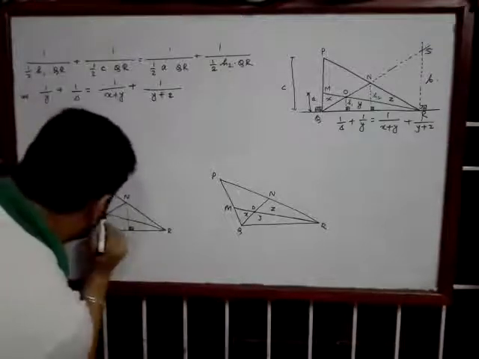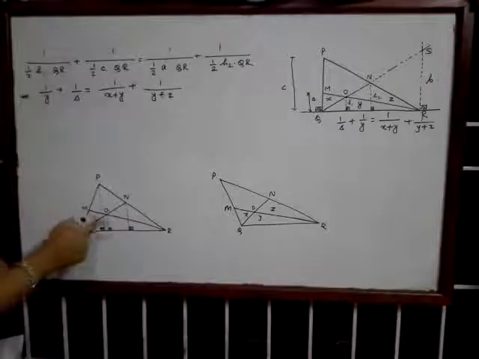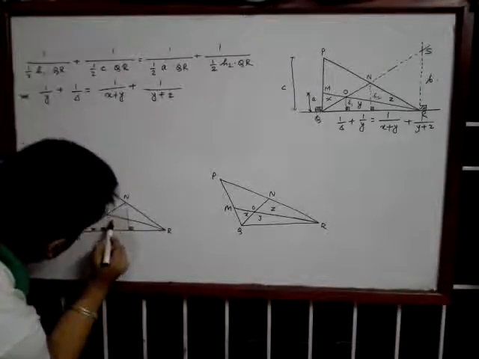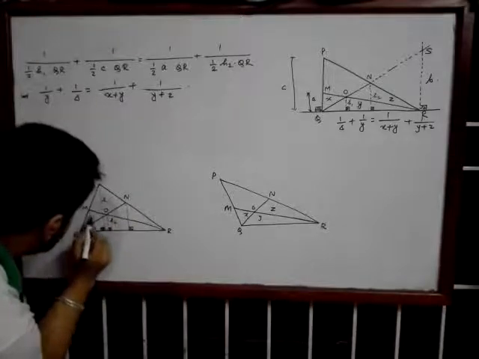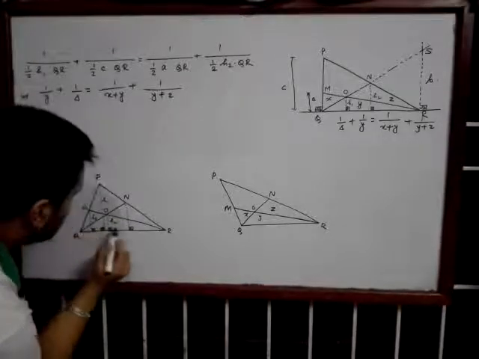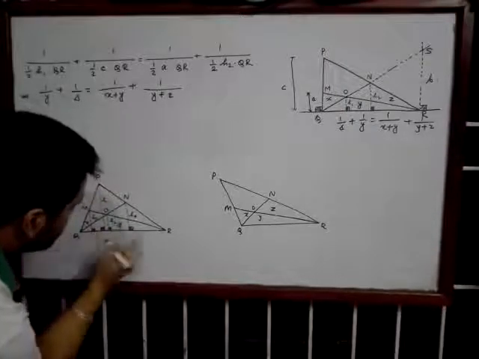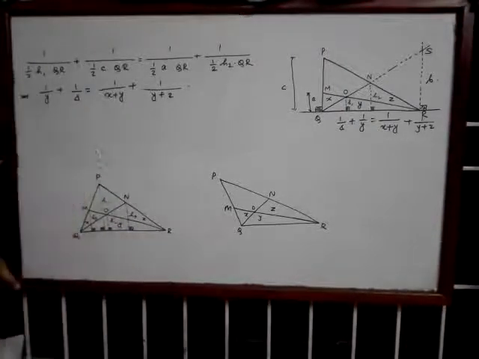This is O. Now let's call these h1, h2, h3, and h4. This triangle has area x, this has area y, and this has area z.